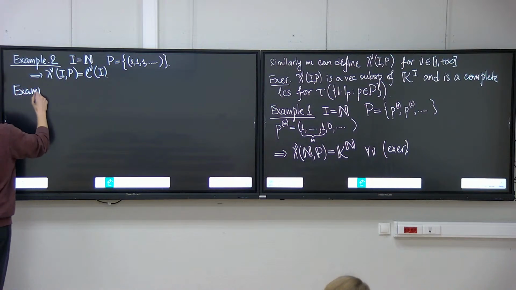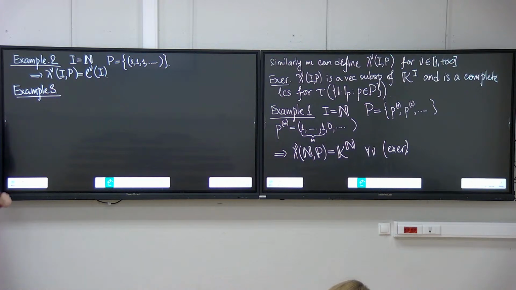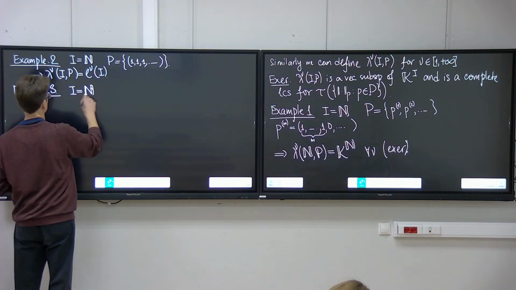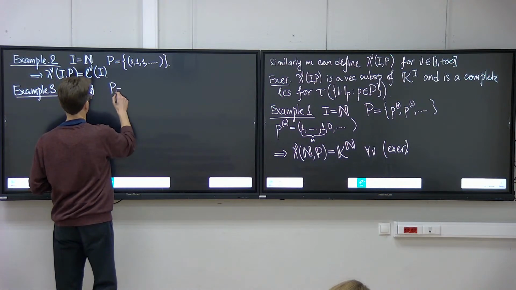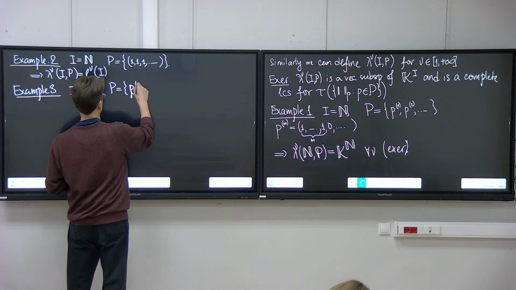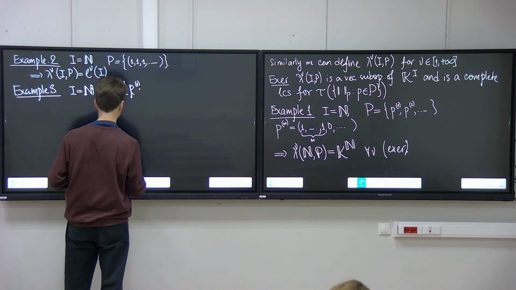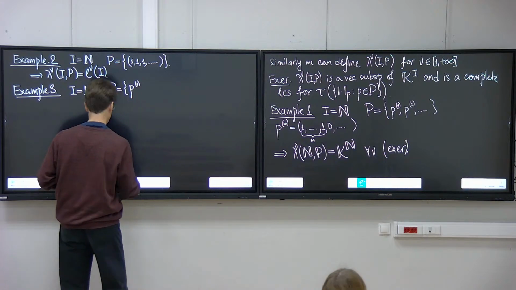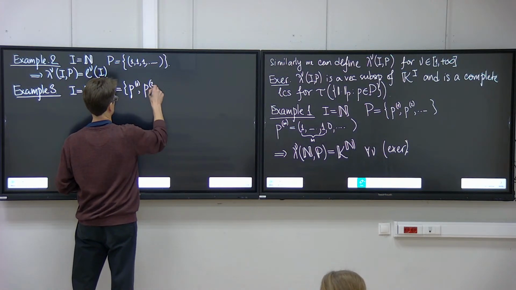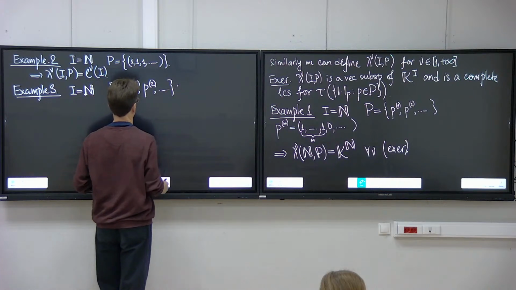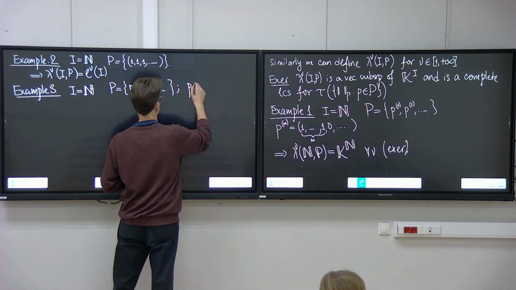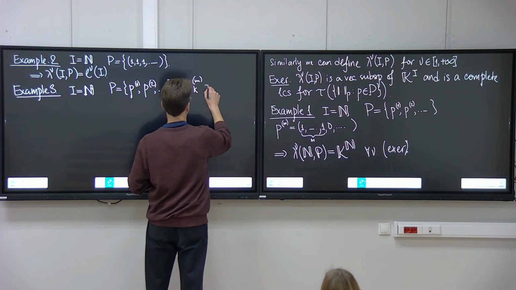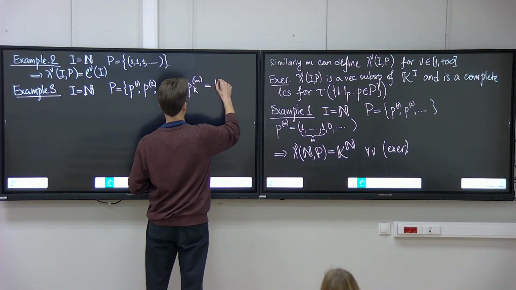Example 3. Suppose again that I is the set of natural numbers, and P is countable, p_1, p_2, and so on, and the sequence p_m looks as follows. Its kth coordinate is k to the power m.